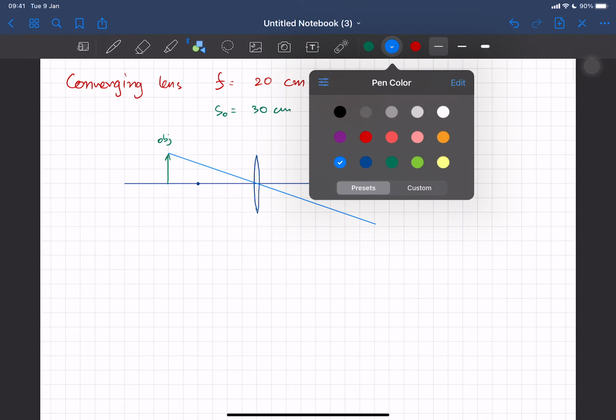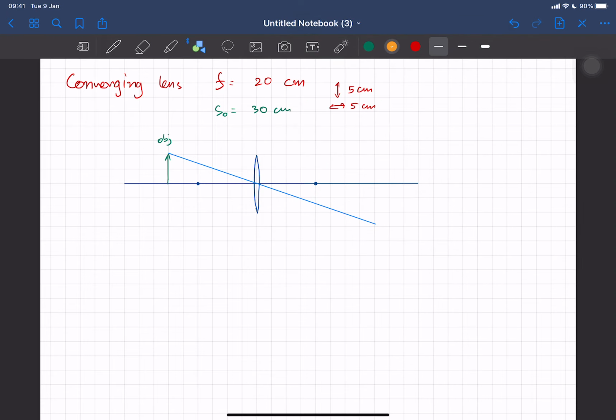The second line is the one that goes through the lens where it's coming in parallel. So it's going to be this. And then the parallel light ray will get converged at the focal point. So the second part of this is going to be light that goes like this.